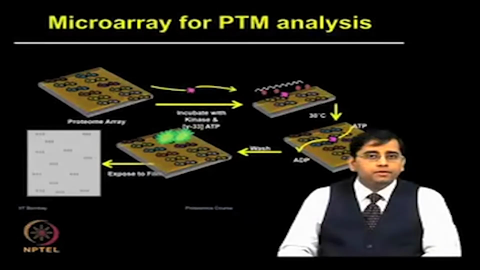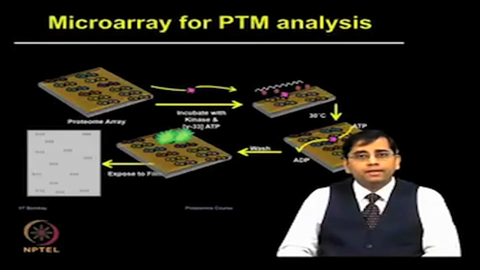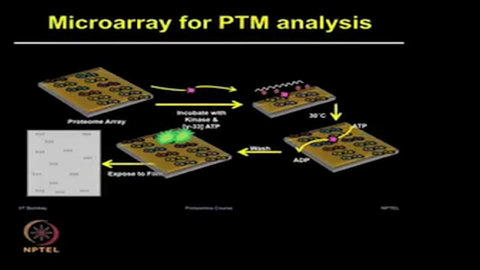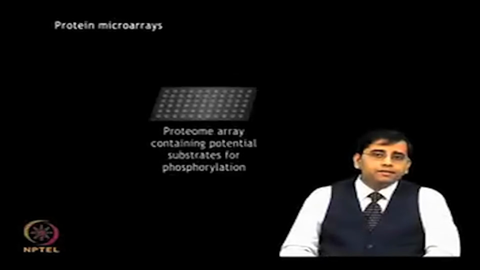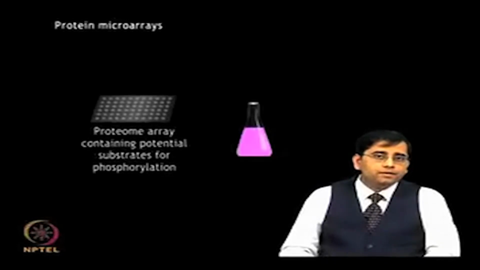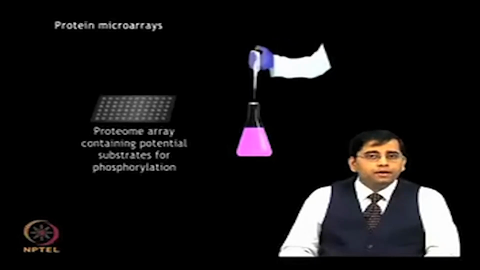Kinases have been used in a number of ways to analyze protein phosphorylation. PTMs can be detected on protein arrays by using a kinase assay. Potential substrates for protein phosphorylation are immobilized on a suitably coated array surface.